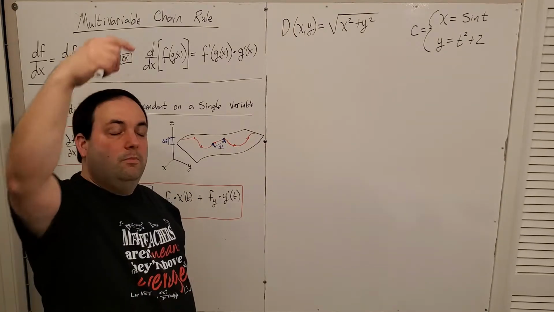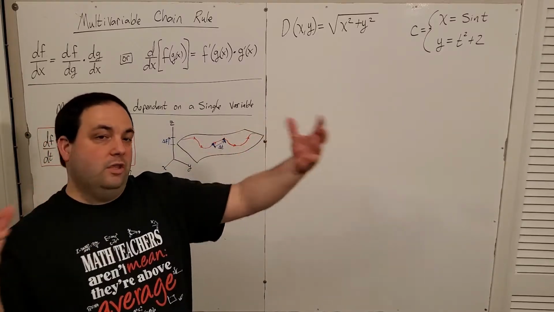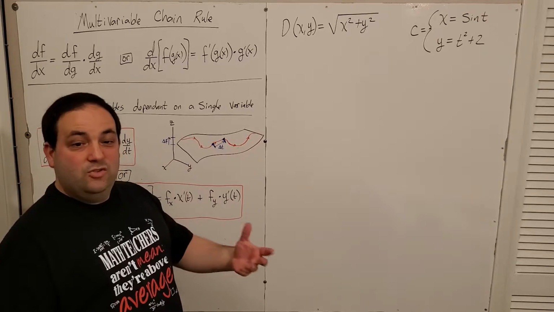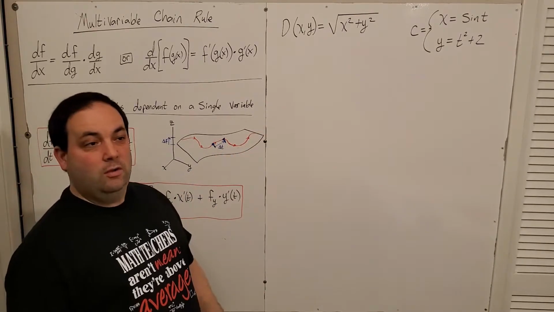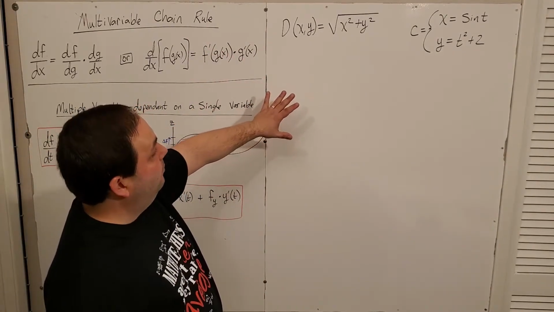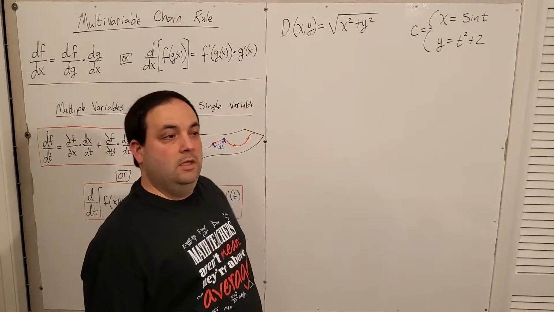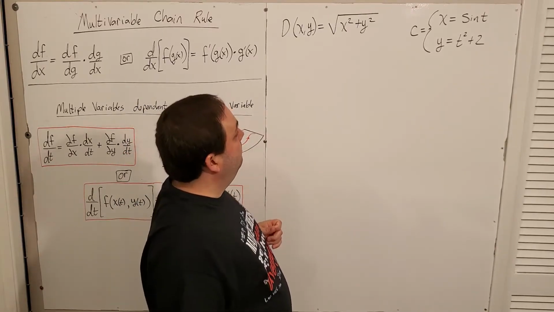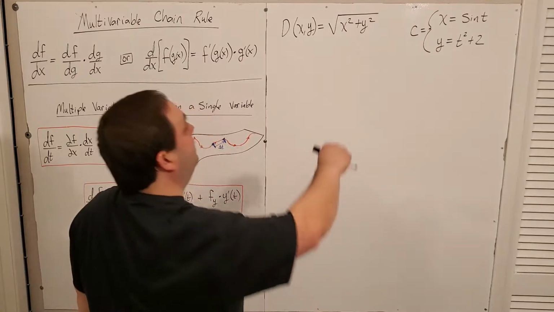Like if you had some object to a power, you could multiply out the power and then not worry about the chain rule. But usually the long way like that is more complicated as far as having all the pieces everywhere. And the chain rule makes things simpler. And that's what I'm getting at here. I'm going to show you that there's the chain rule and then there's the other way. And most of the time the other way is just a little bit messier, right? Okay, so take a look at this.